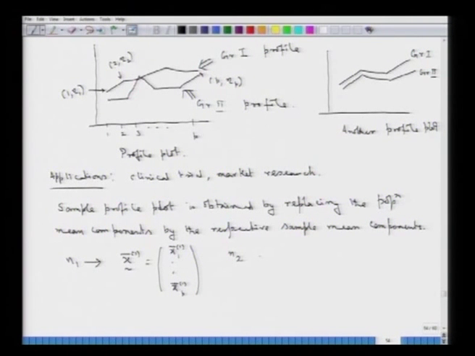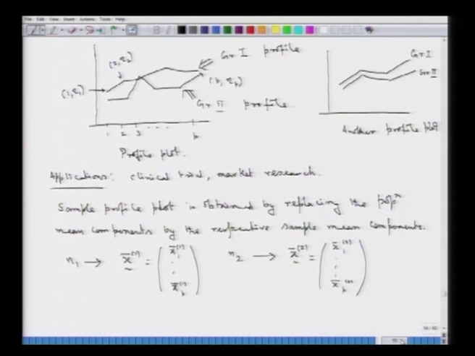Similarly from n2 observations from the second group, we will have the x2 bar vector, with components up to x p 2. Replacing these eta i's by the corresponding x1 bar i terms and nu i's by the x bar 2 i terms, we will have the corresponding sample profile plots.